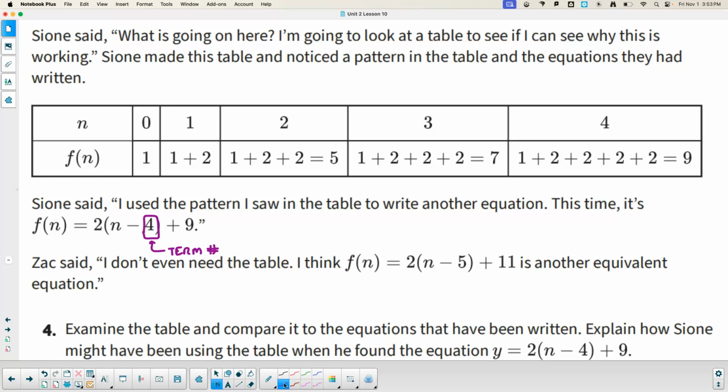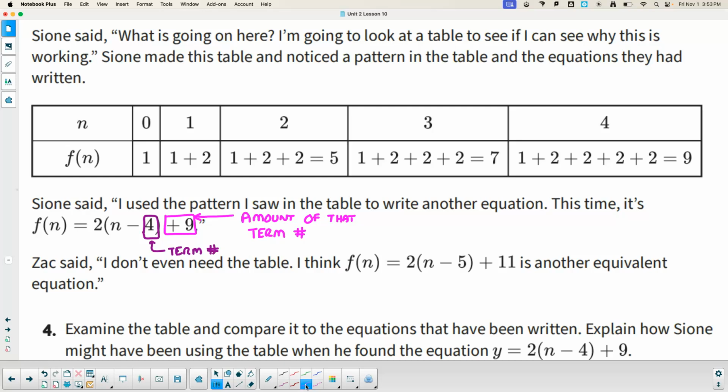So that's the term that it's going to be, and that works. And then this right here is the amount of that term number.